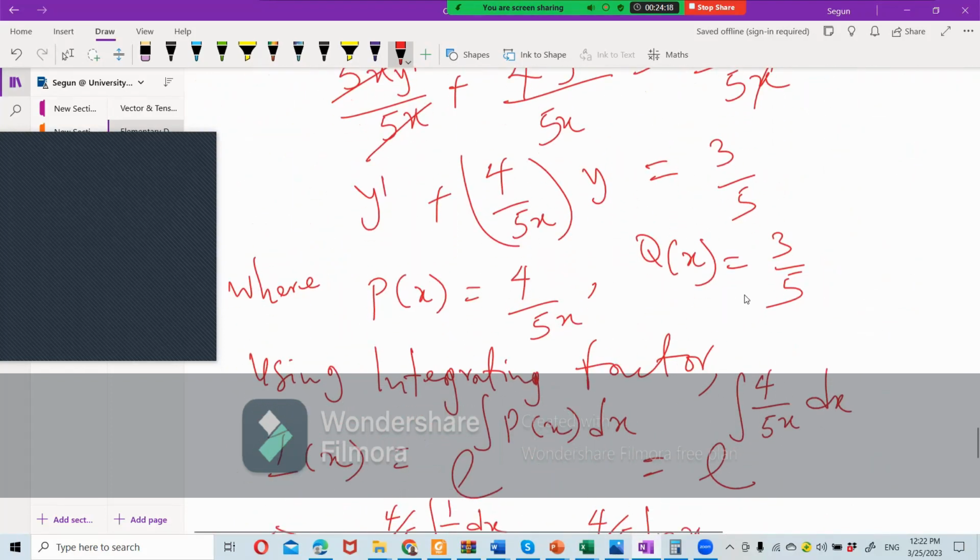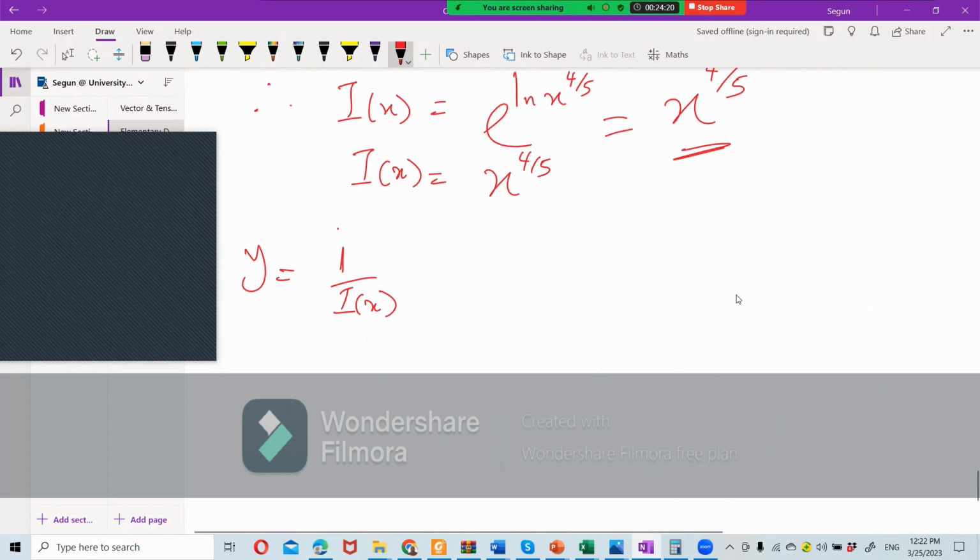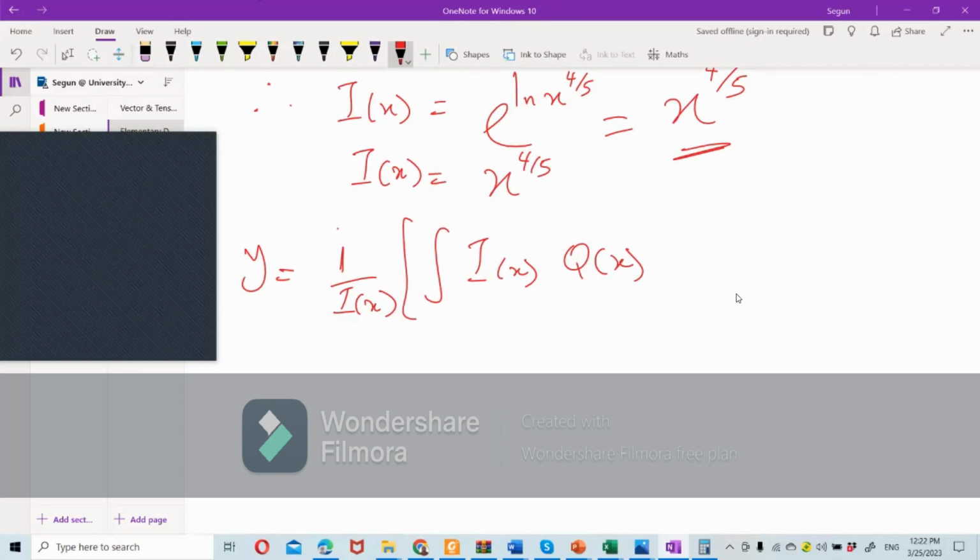So that's what we are solving now. So we are going to have integral of I of x q of x dx plus c.